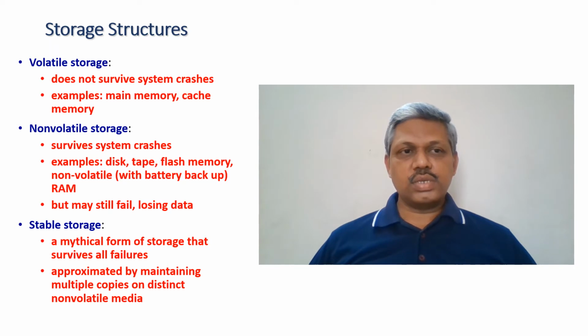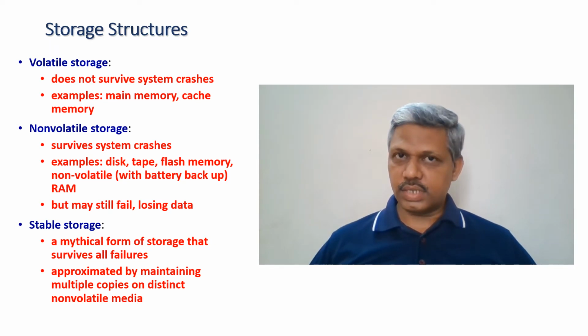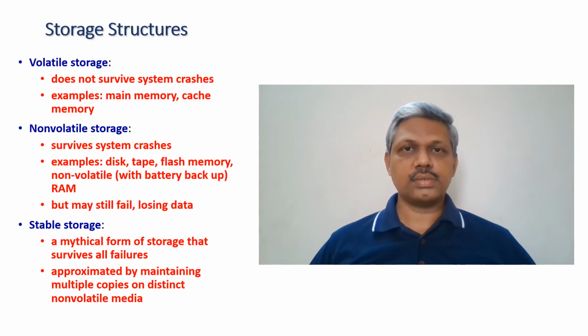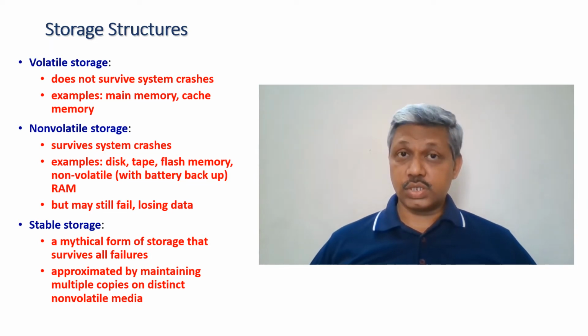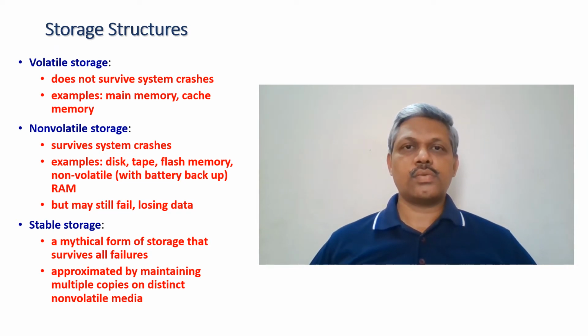Whereas non-volatile storage includes things like CD-ROMs, DVDs, external flash memories, and tapes. But still, non-volatile storage is also prone to failure. Why? Because a disk may be corrupted, even though it's an external thing.